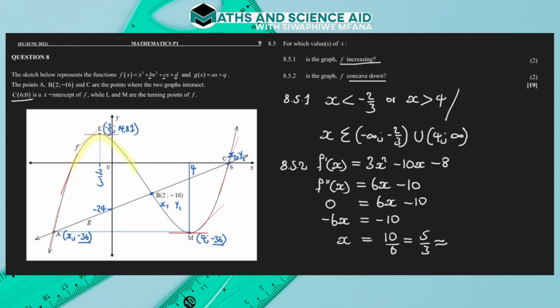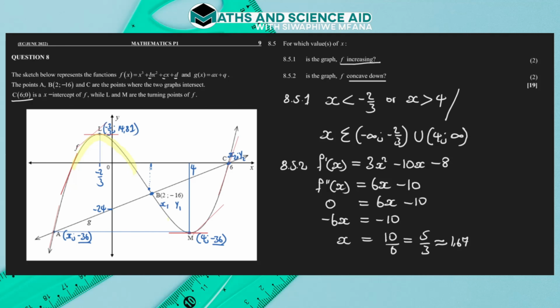And as a decimal, let's see what this would be. So I'll just input 5 over 3 into my calculator. So that's 1.67. So this point of inflection is a point which is around here. We can say that it is around there.